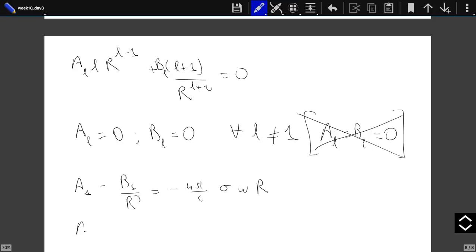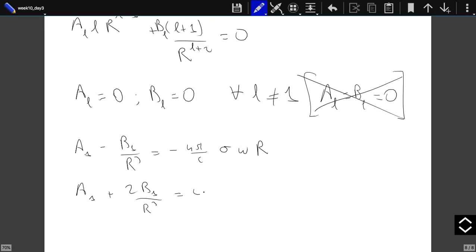On the other hand, we have A1 plus 2B1 over R cubed. This is equal to 0, which tells me that A1 is equal to minus 2B1 over R cubed.